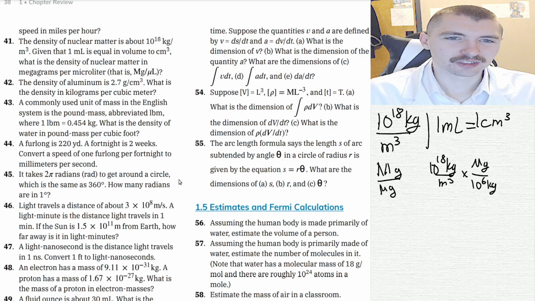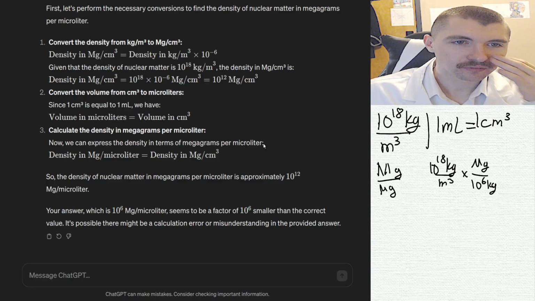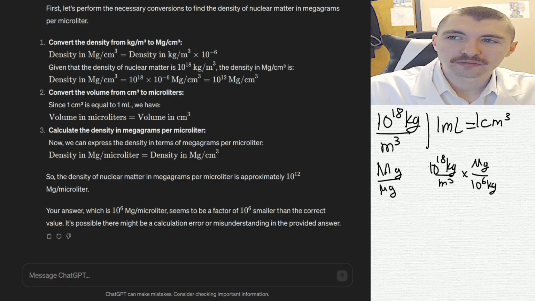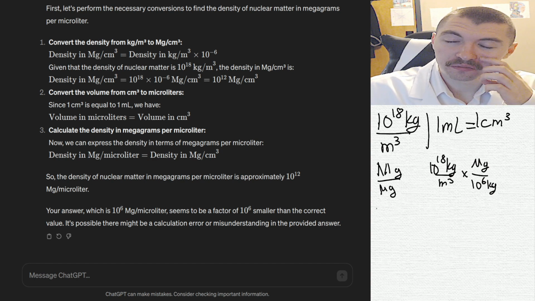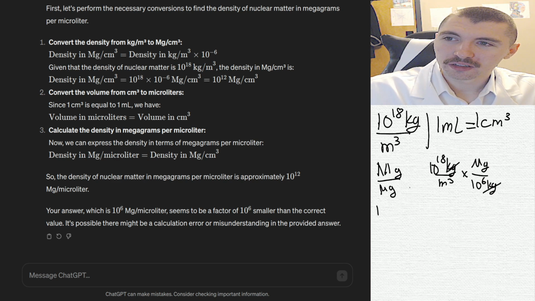So that's where my intuition is failing. Okay, so these will cross out. Then that's 10 to the 12 megagrams per meters cubed.